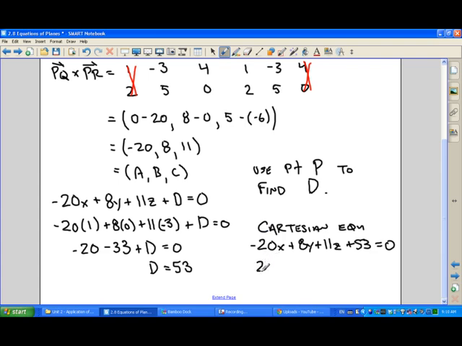So I'm going to multiply through by negative 1. So my actual answer is positive 20x minus 8y minus 11z minus 53 equals 0. So really, we've seen three different ways to represent a plane today: the vector equation, the parametric equation, and the Cartesian equation.